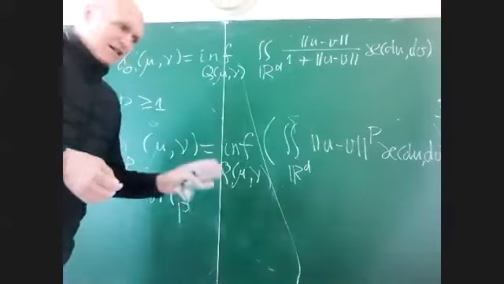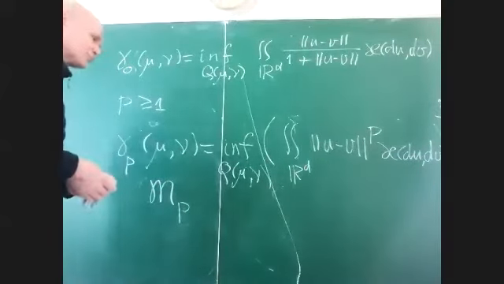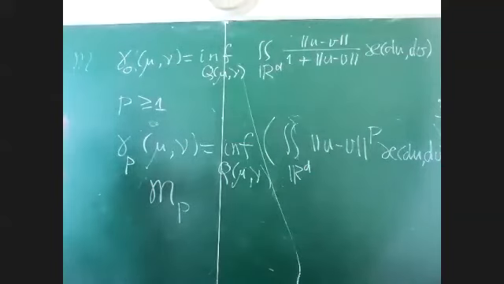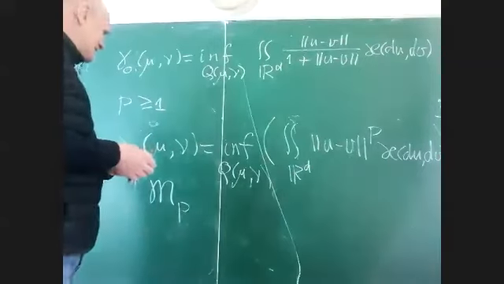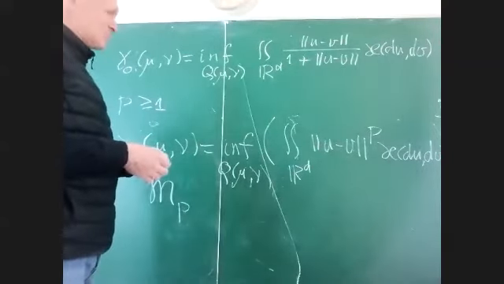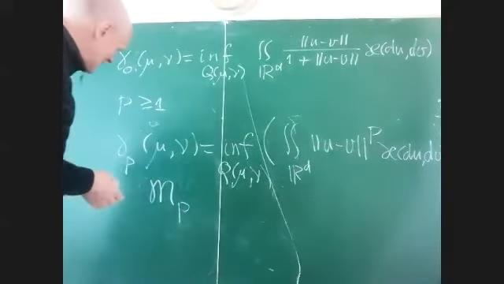So these distances are more or less familiar to probabilists. They have an interesting relationship to the transport problem, and I hope to discuss it in our seminar maybe at the end of May.